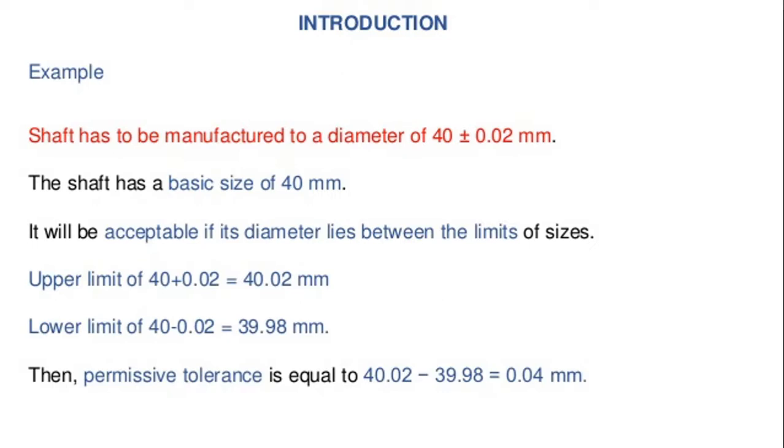So the permissible tolerance limit is 0.04 millimeter. Permissible tolerance is equal to 40.02 minus 39.98. That means 0.04 millimeter is the tolerance limit of this object, the shaft.